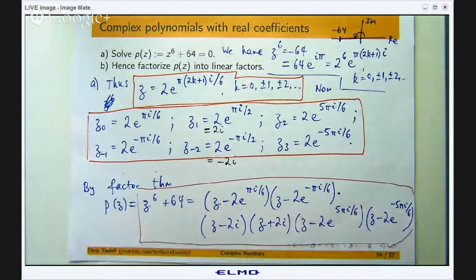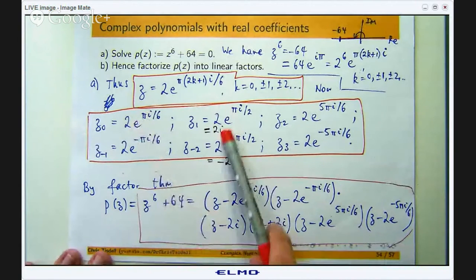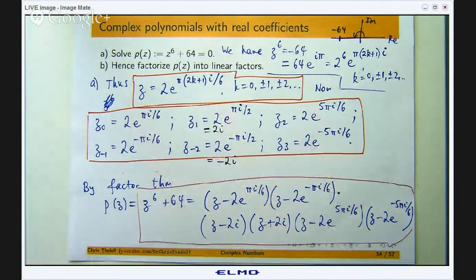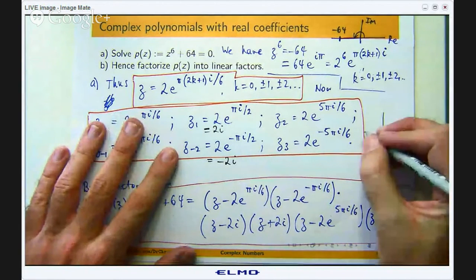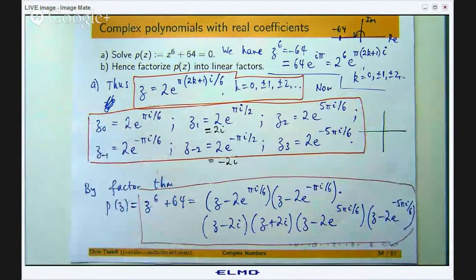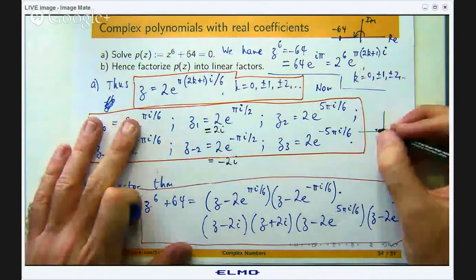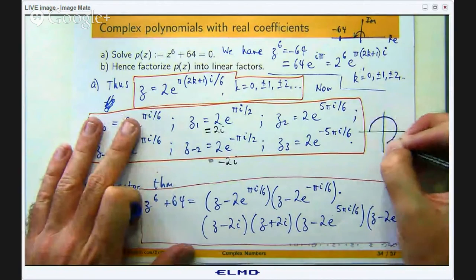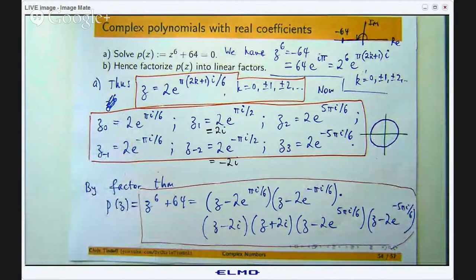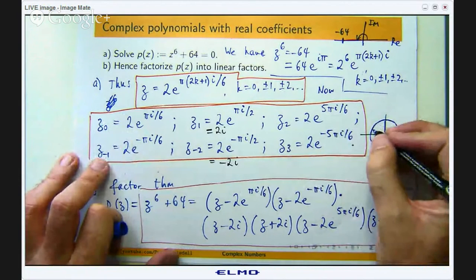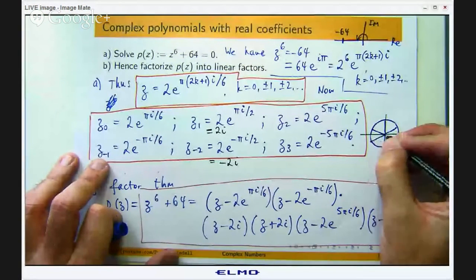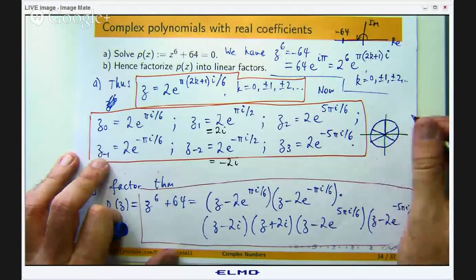Okay, now if you were to plot these in the complex plane, they would lie on a circle centered at the origin with radius 1. So let me just give a real basic freehand drawing here. All right, so you've got one there, one there, one there, one there, and one there.